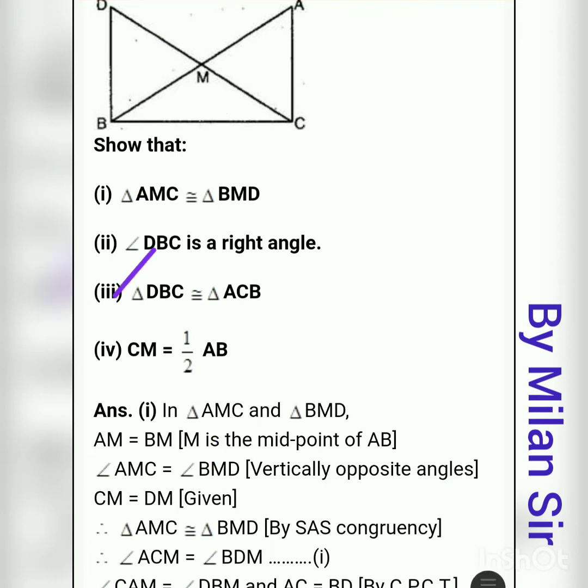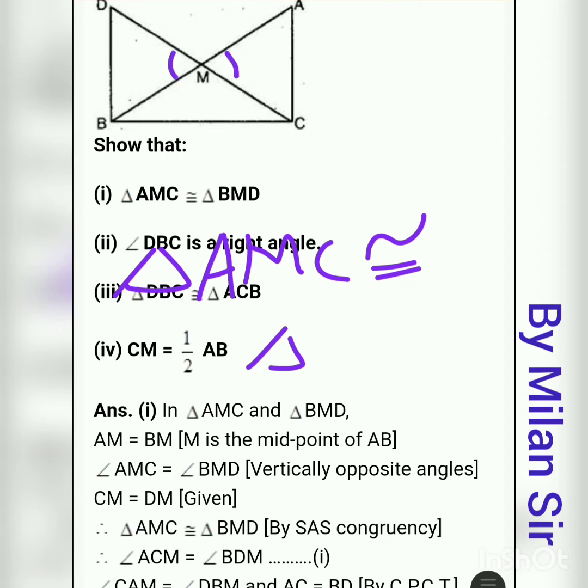So from that we can write triangle AMC. Now set up the congruency criteria. Here angle M is equal to angle M, so at the middle position we need to write A. Now AM is equal to BM, so in the first and second positions we need to write BM, and third, the corresponding vertex. So triangle AMC is congruent to triangle BMD.